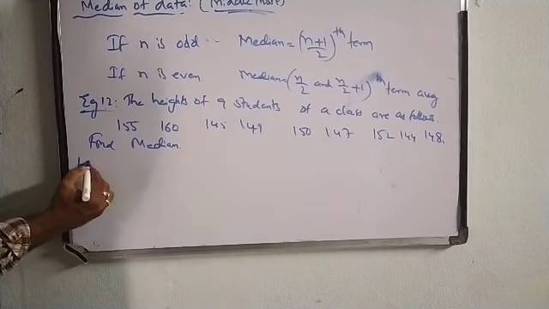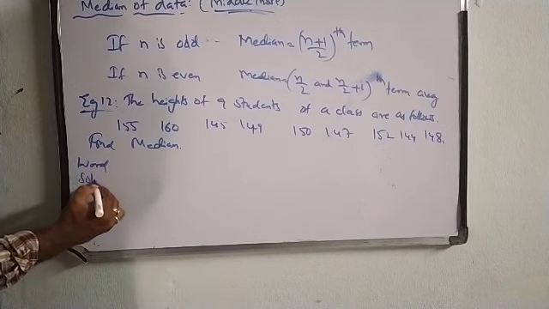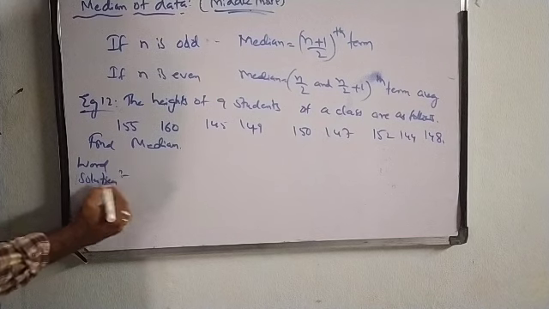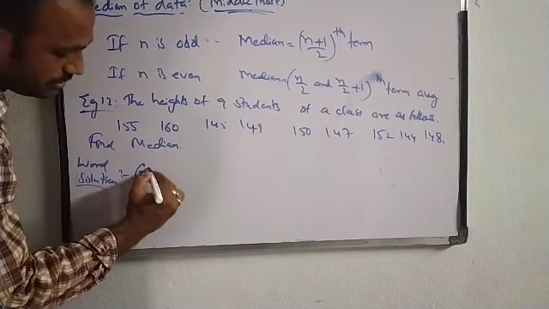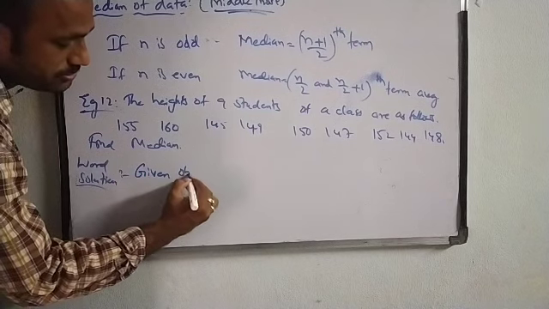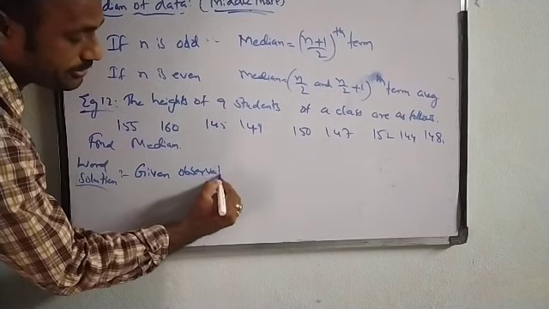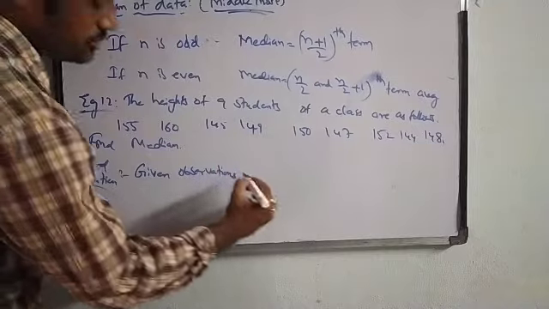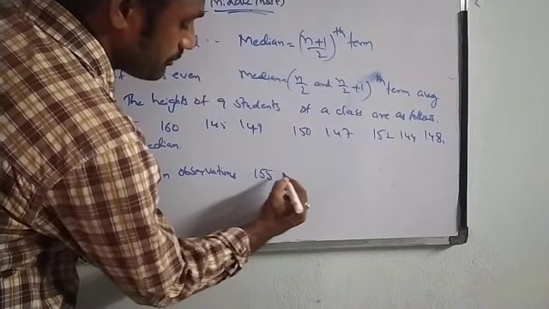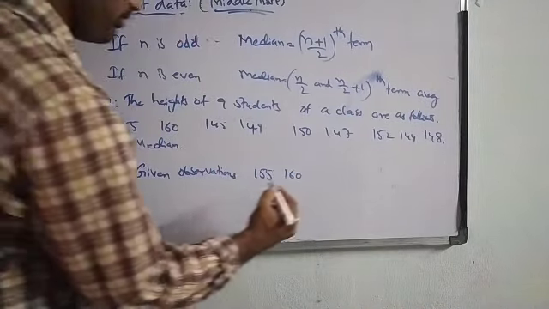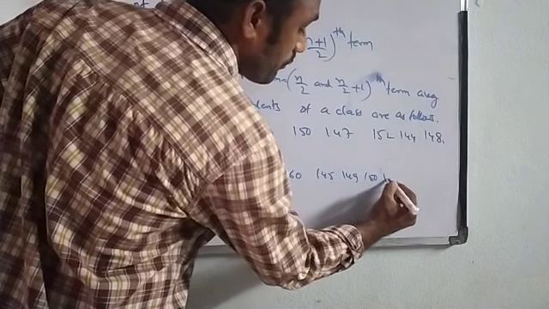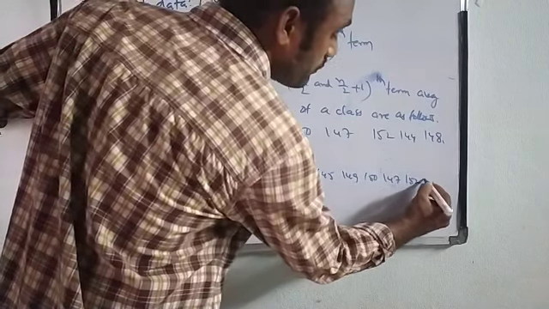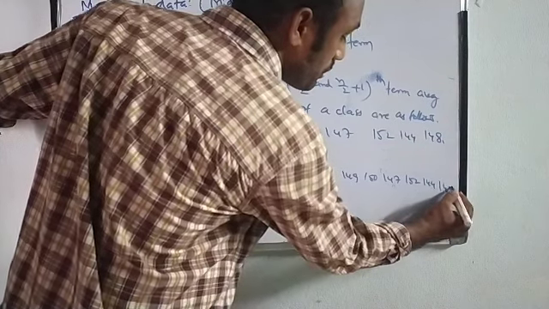So let us see how to solve this median question. Solution. While finding the median, given observations, first we need to write. So what are the given observations here? 155, 160, 145, 149, 150, 147, 152, 144, 148.